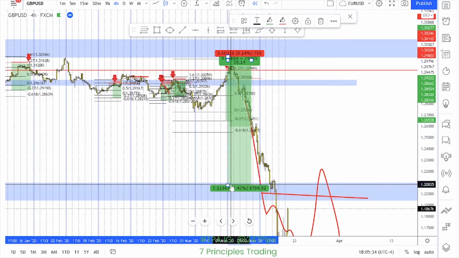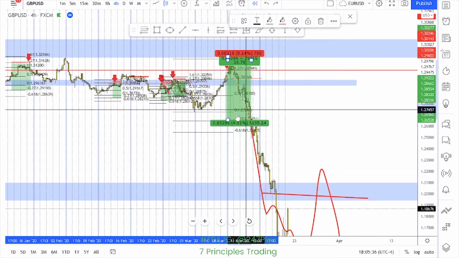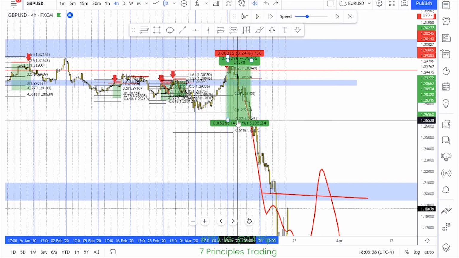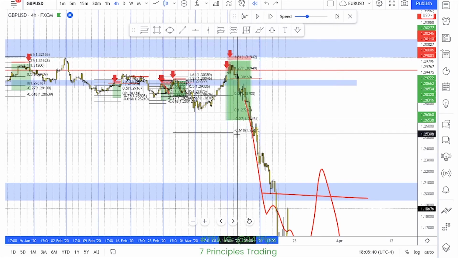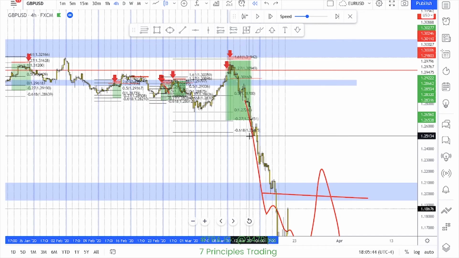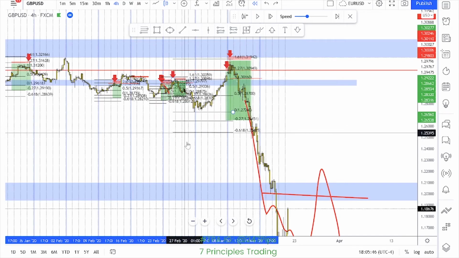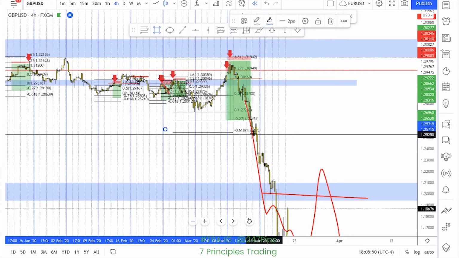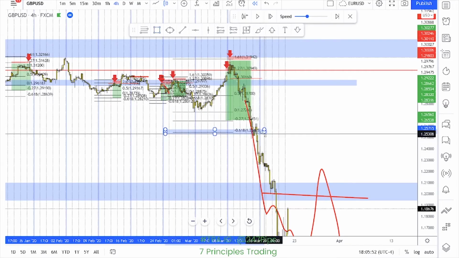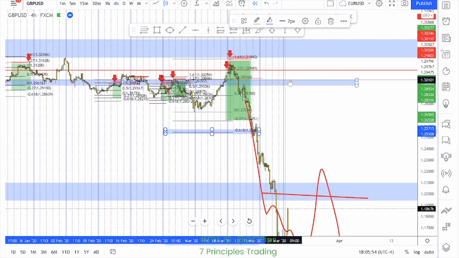That is the last option, TP number 3. We have TP number 1 at the negative 0.27, TP number 2 at the negative 0.618, and that is really only used if there's confluence in that area. If there's a support in this area as well, then we can try to aim for that area.